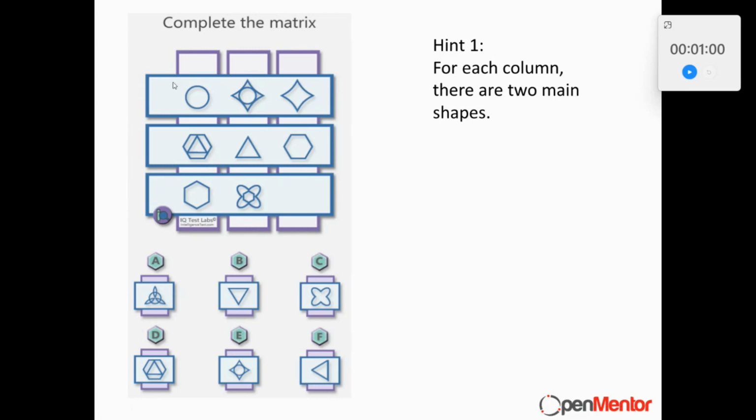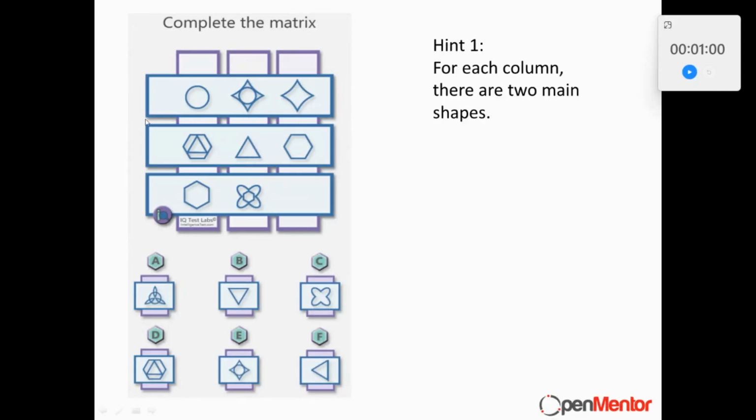I am trying to find out, is there a relationship vertically? This is a circle, this is a hexagon, this is another hexagon, and the only pattern which I could see is there are two main shapes in each row.